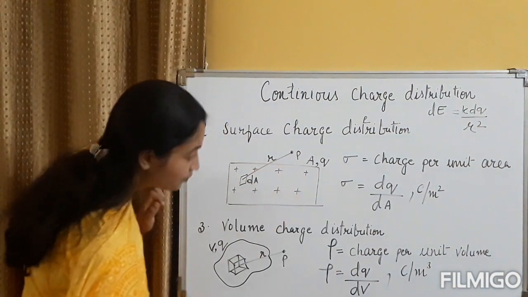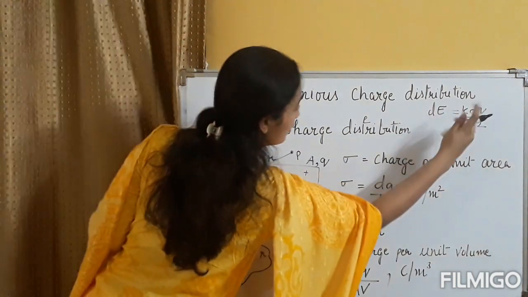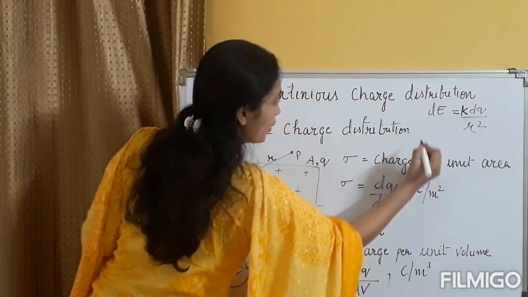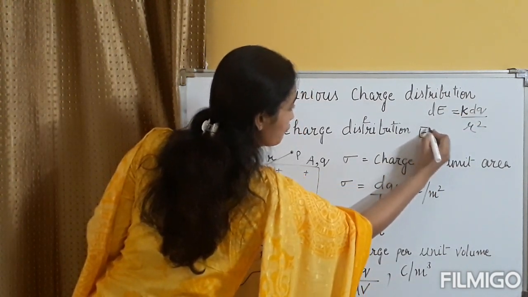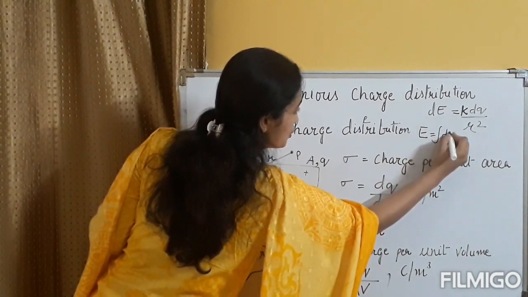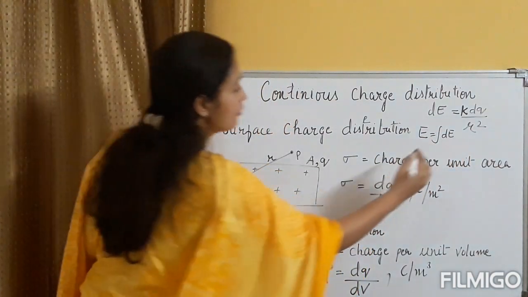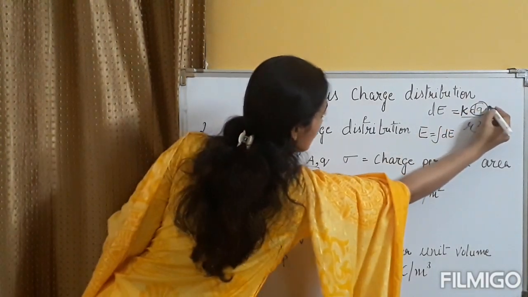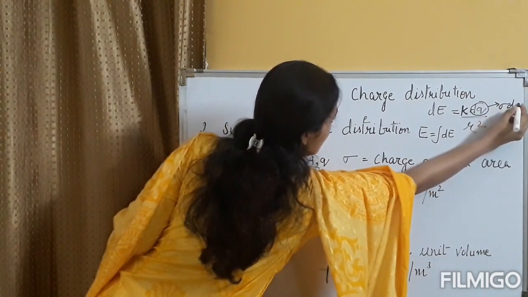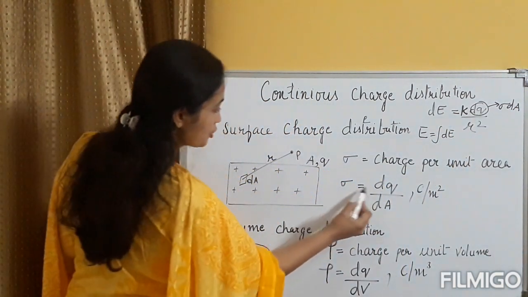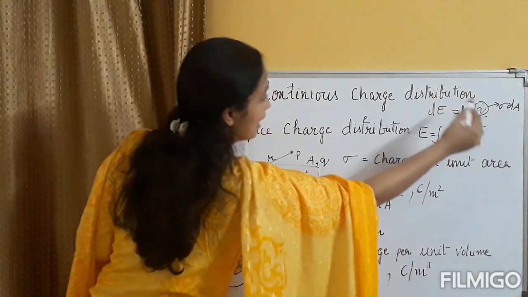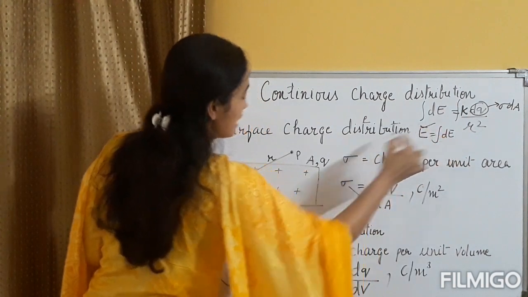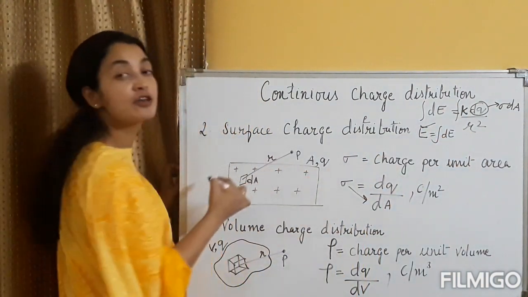We can use this relation, constant K dq upon r square. And if we want the total electric field, we have to integrate small dE. And we will have to integrate this whole term, where dq will be replaced by sigma dA. And we will integrate this term to get the complete electric field due to this entire sheet.